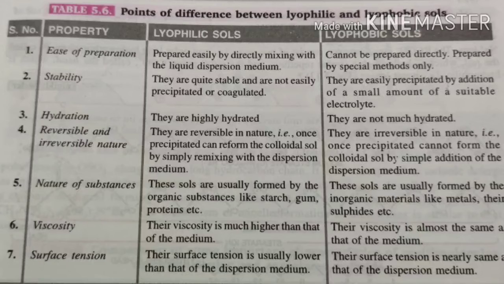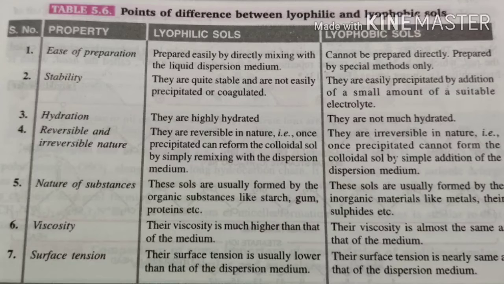Then we can see the points of difference between lyophilic and lyophobic colloids. So first you can see in the table, the first column is the property, then the lyophilic sols and the lyophobic sols. The first is ease of preparation. Lyophilic sols are prepared easily by directly mixing with the liquid dispersion medium.